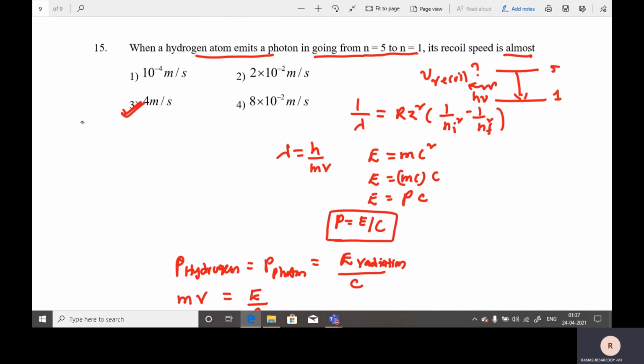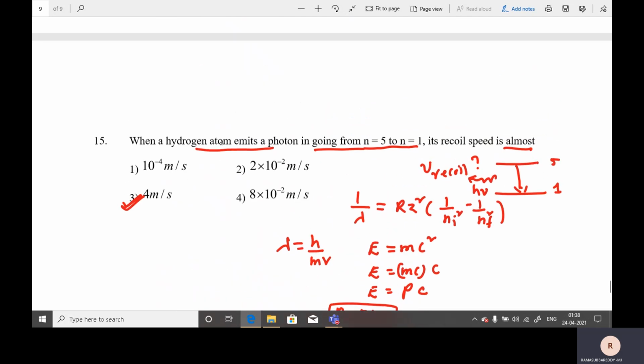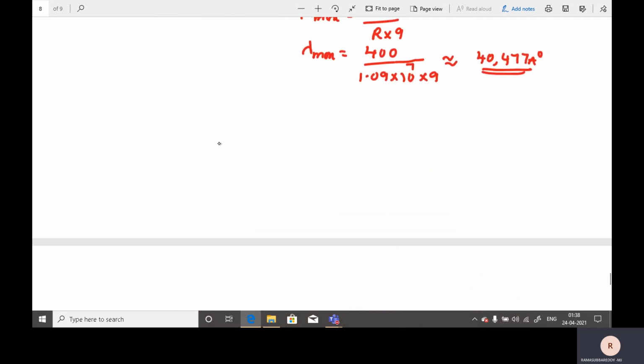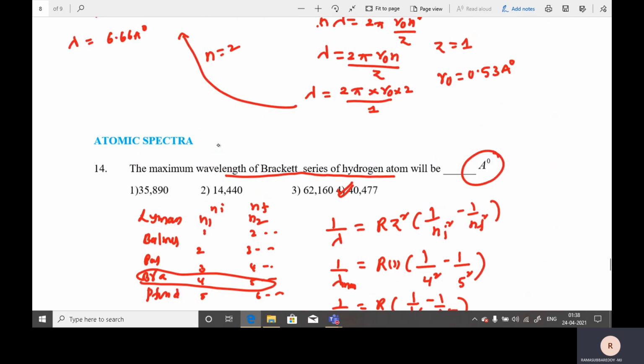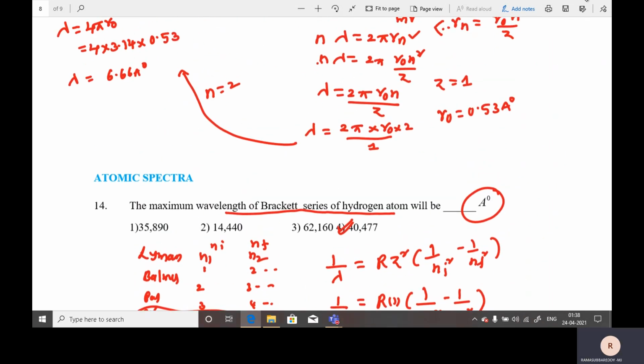Clear? So these are our problems related to concepts. If you practice these problems twice and revise the concepts, you will definitely get 4 marks. There is no doubt at all. Once again go through all these concepts and problems. With that, this is our module 2.